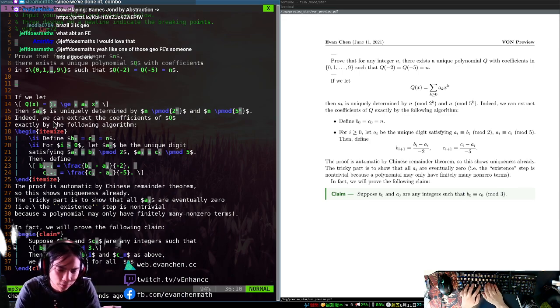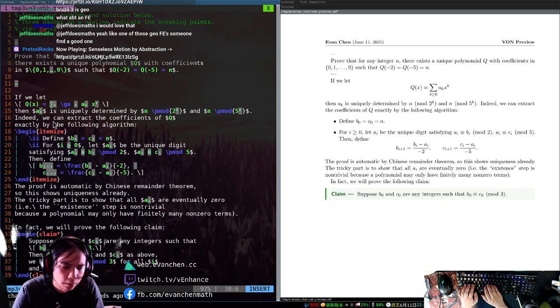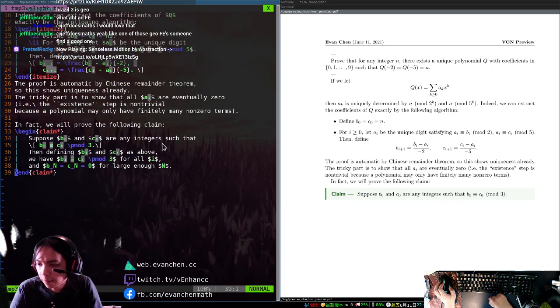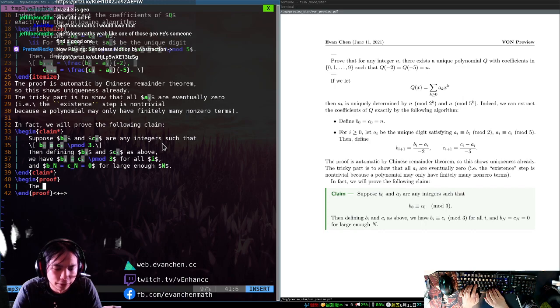I shouldn't use n again. Okay, so the mod 3 condition is trivial to check.